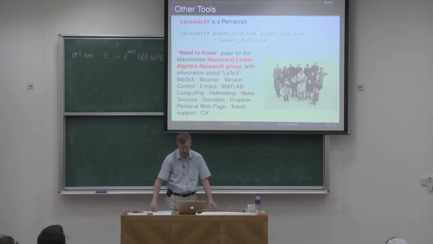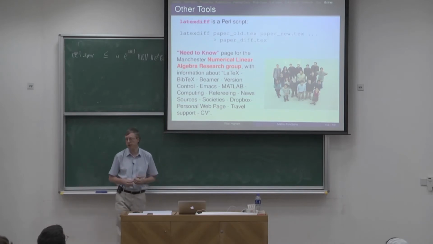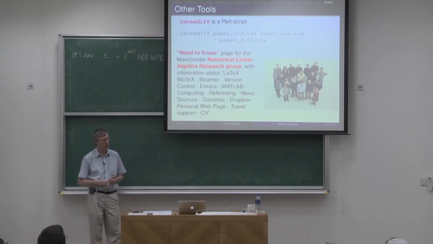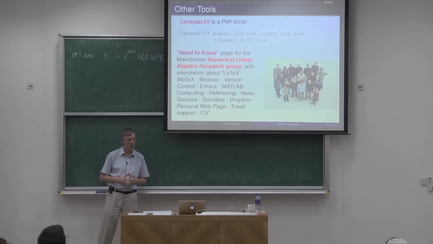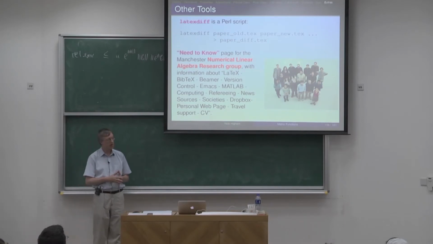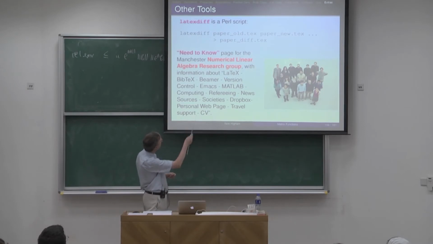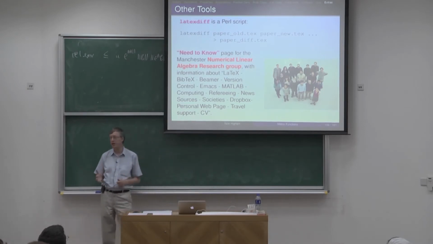Other tools, so has anybody heard of latexdiff? Does anybody use that? I only found out about it maybe a year ago. It comes with TeX, which is the distribution I use. It's available on the CTAN archives. It's a Perl script that will take two TeX files, typically an old and new version of a paper, and it will produce a diff file, but the diff file is again a TeX file.